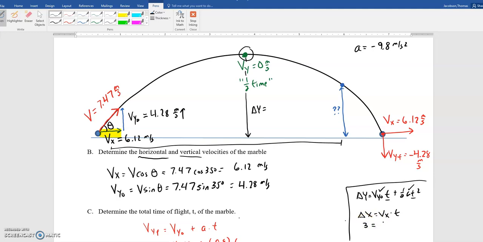You already know your Vx, which is 6.12. And then you could solve for your time. 3 divided by 6.12, and you get 0.49 seconds. So then you could take this 0.49 and plug it in there, and plug it in there. So I think it's the second problem on both sides of your homework.